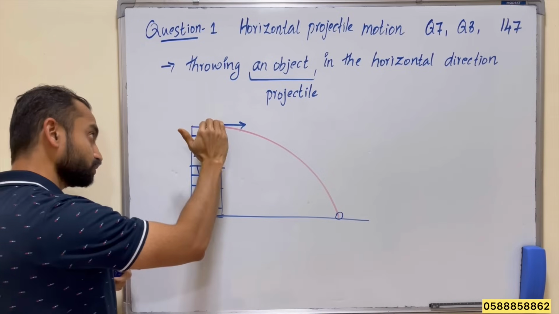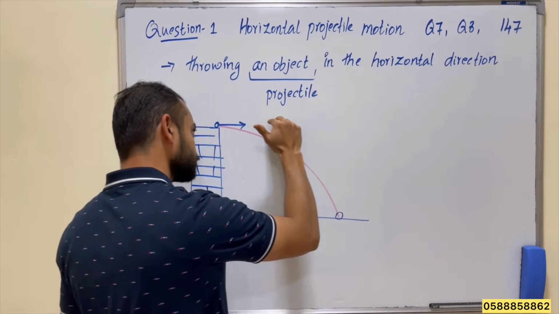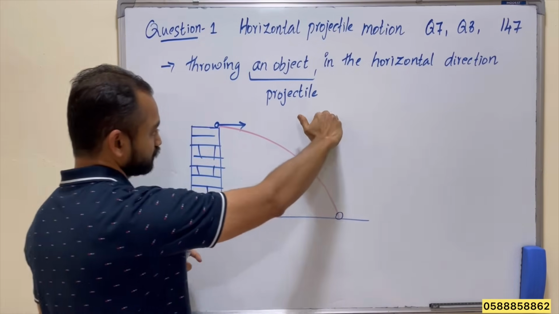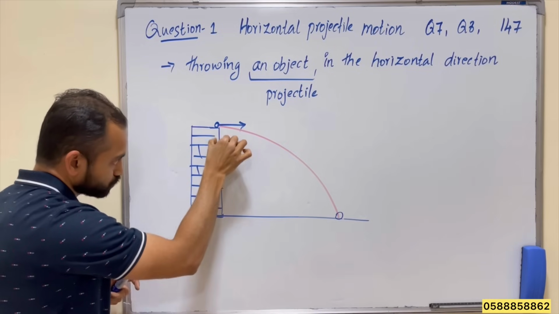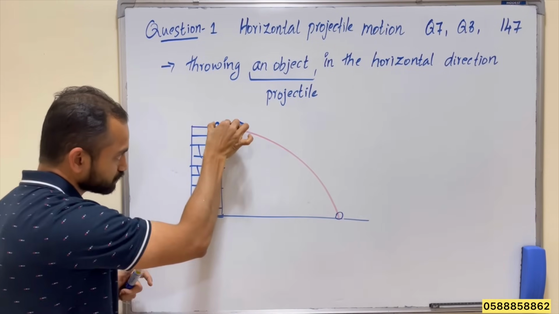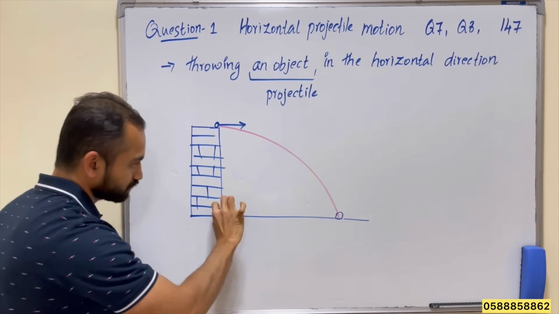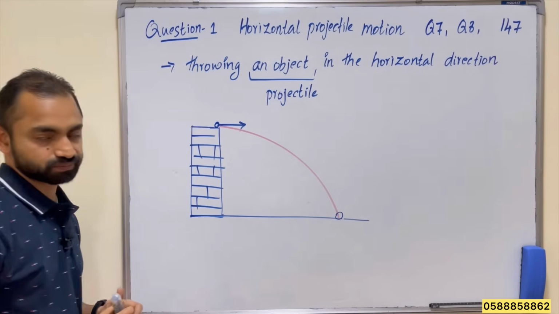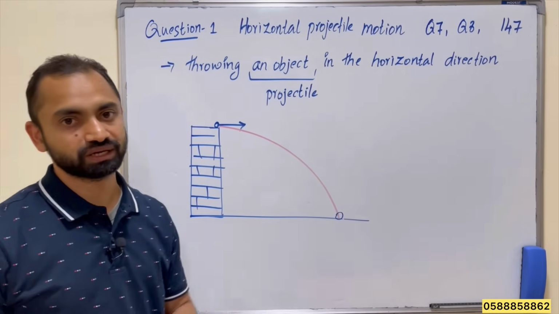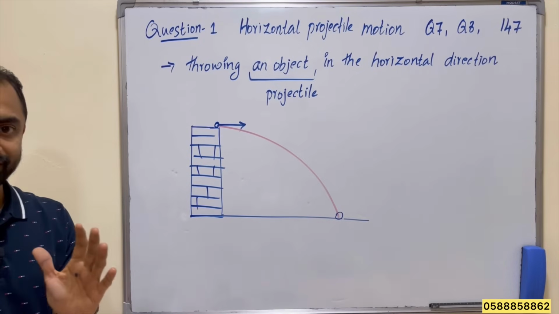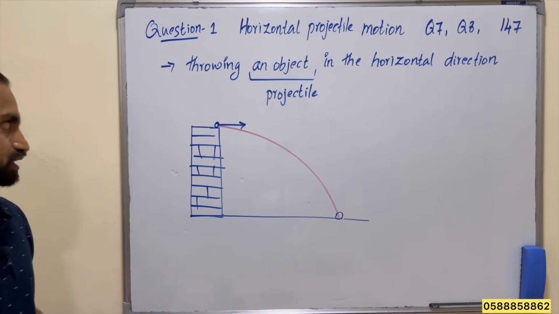If it is moving only in the horizontal direction, the ball should reach here. The ball is actually reaching here, means it has a vertical displacement and a horizontal displacement. So the projectile has both horizontal and vertical motion at the same time.